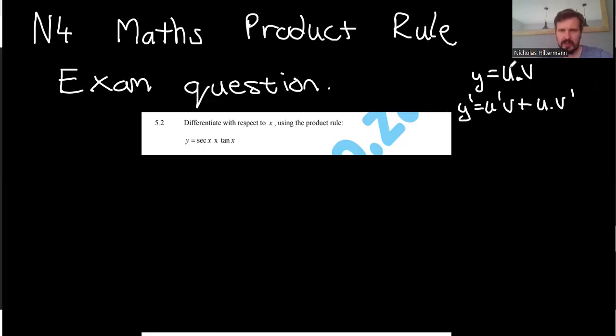So the u is the blue, so sec x is the u, and we'll make this tan x the v. So what you do is you find the derivative of sec x. Well, to find the derivative of sec x, we have to actually go down to the bottom.